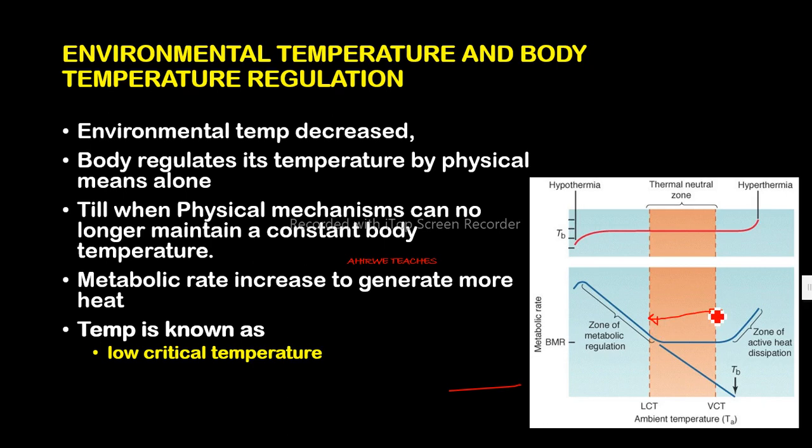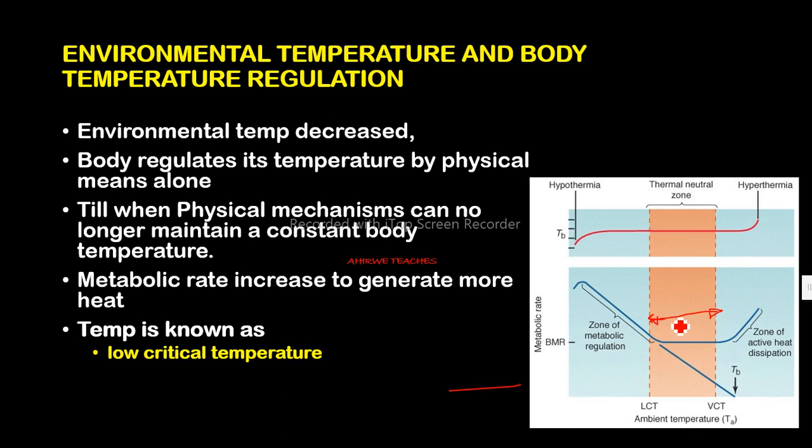It's the zone where you actually don't struggle with maintaining the body temperature constant. It is within the range at which the body temperature is favorable for normal functioning of the body.